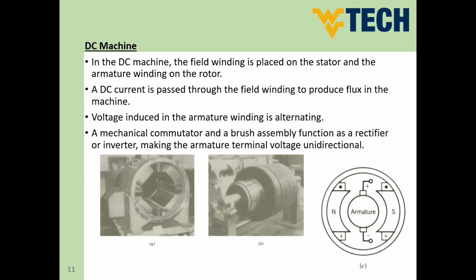Here is, guys, one of the machines that we will discuss in depth in our class, which is the DC machine. The DC machine will have the armature winding on the rotor side. So the power winding on DC machines is placed on the rotor side. And the stator is the outer structure, as you can see.